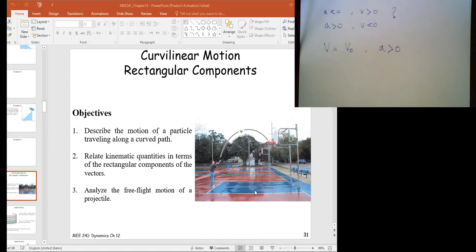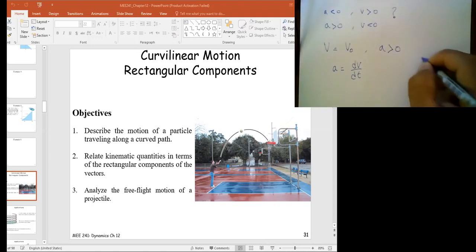Yes, A is equal to dv over dt. Someone has told me A is equal to dv over dt. So if your velocity is v0, then A is equal to dv over dt. Time is growing, the velocity is not changing, therefore your acceleration is zero.